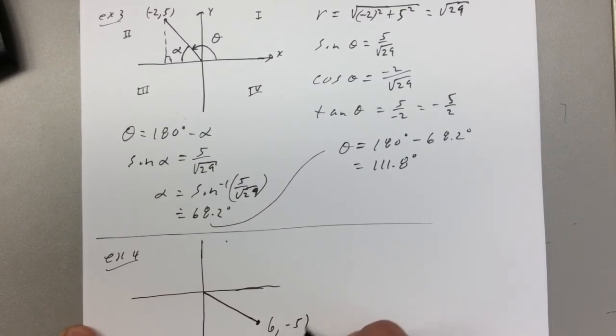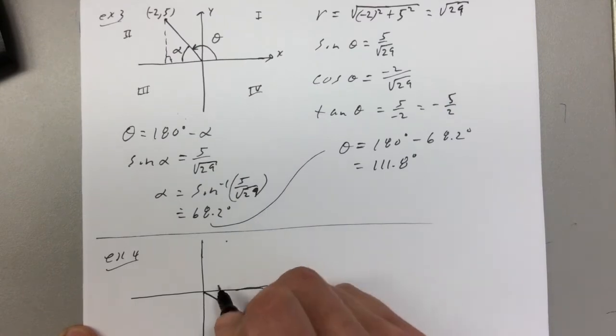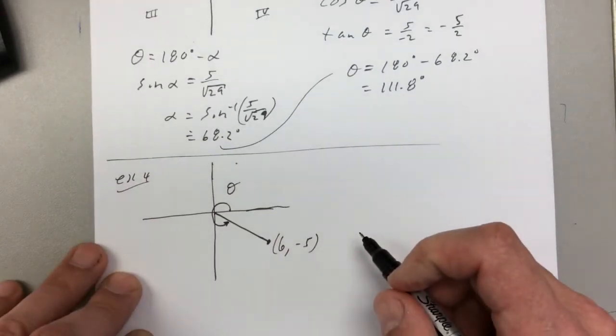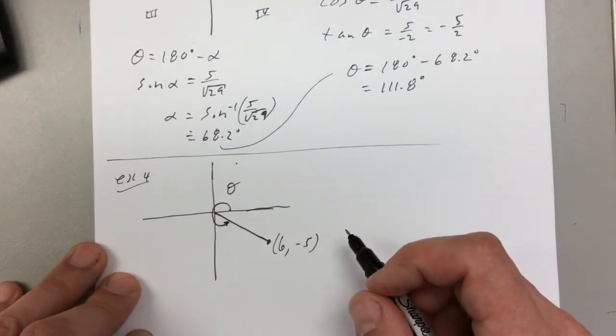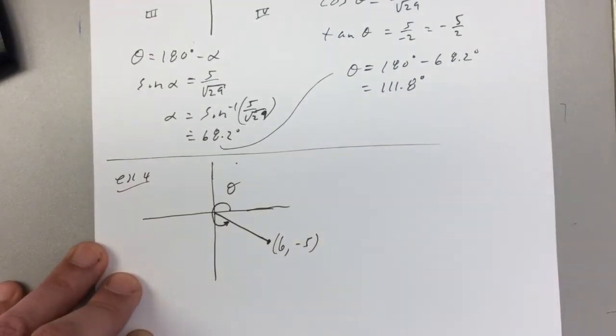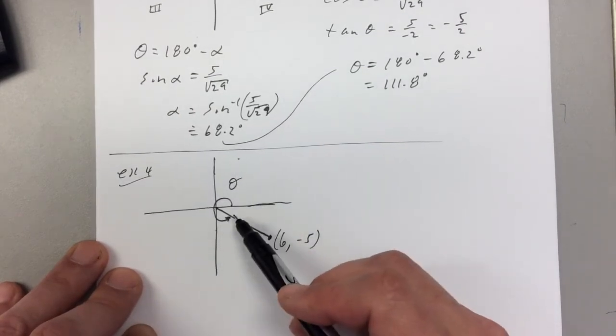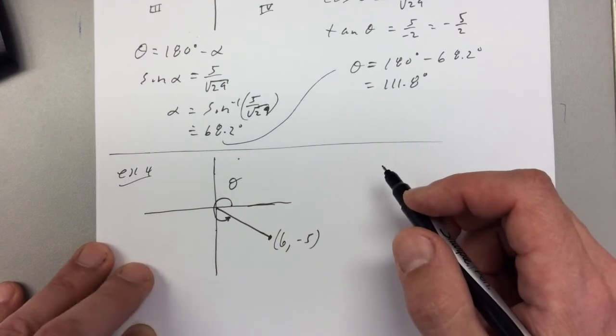Say 6, negative 5. So there's theta. And that's going to be greater than 270, but just less than 360.